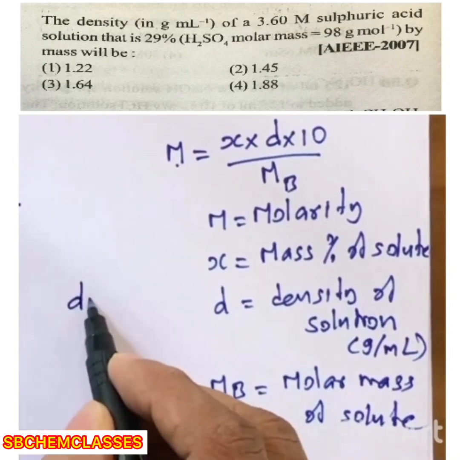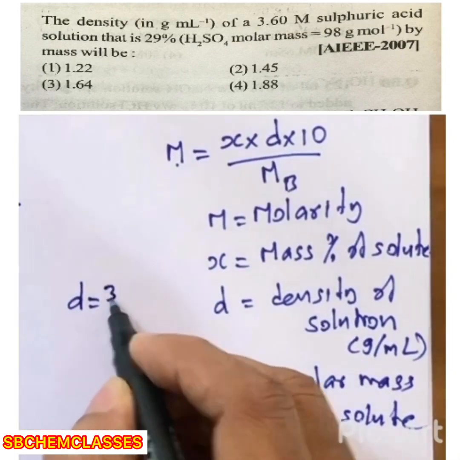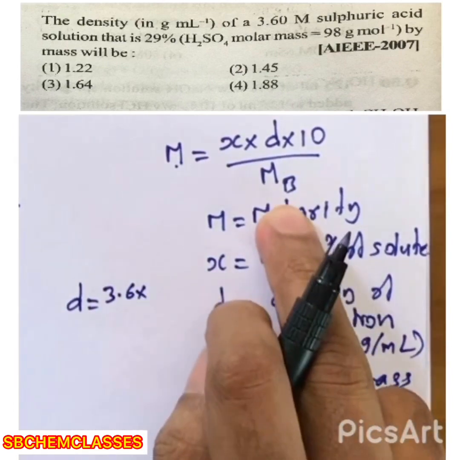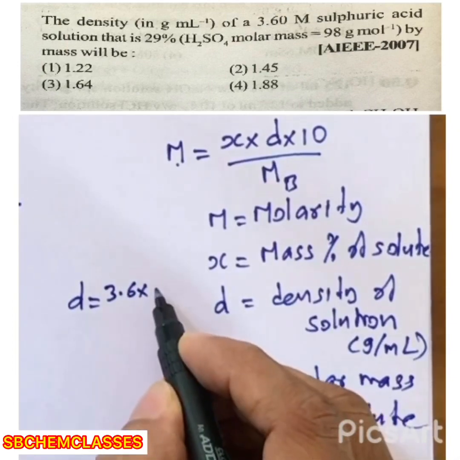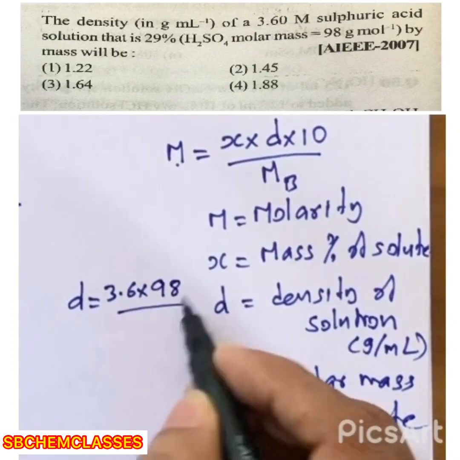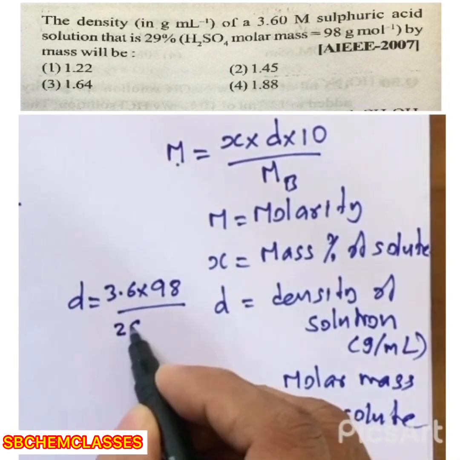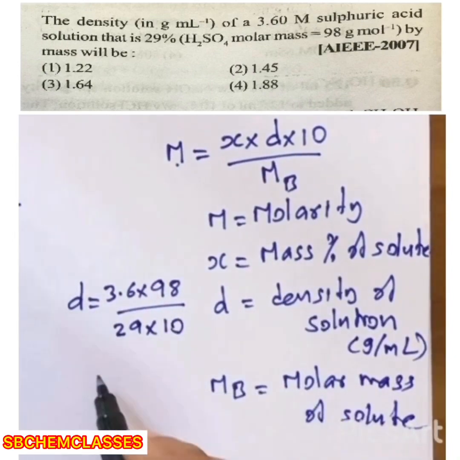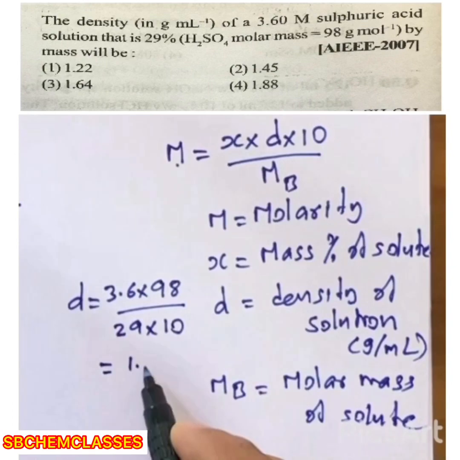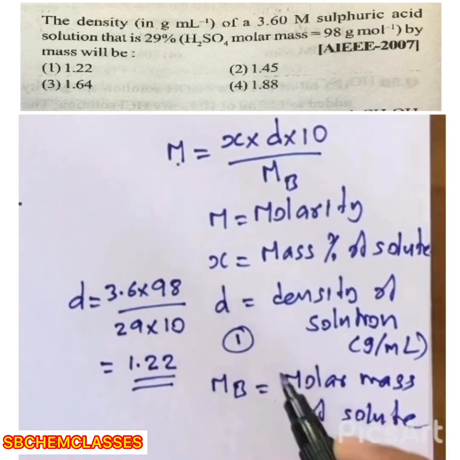So density is equal to molarity, that is 3.6, into MB, the molar mass of solute. Solute is sulfuric acid, its molar mass is 98, by X. X means mass percentage. Here mass percentage is given as 29, into 10. By calculation, the answer is 1.22. That is option 1.